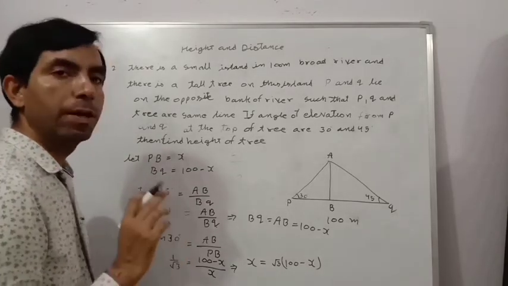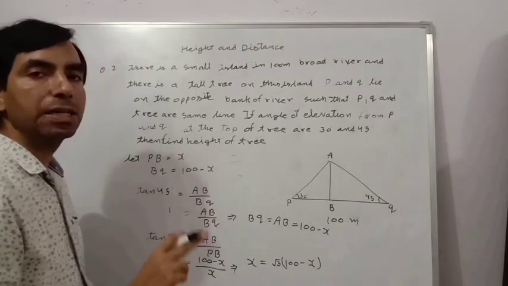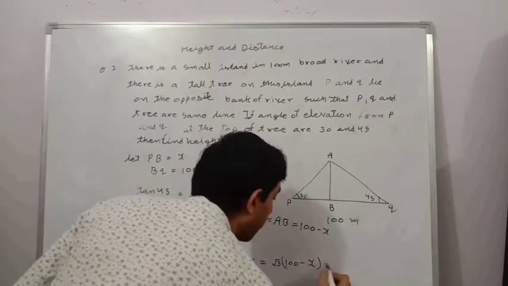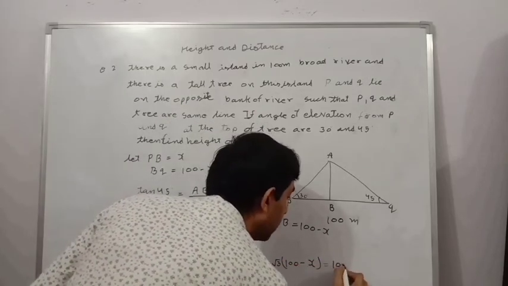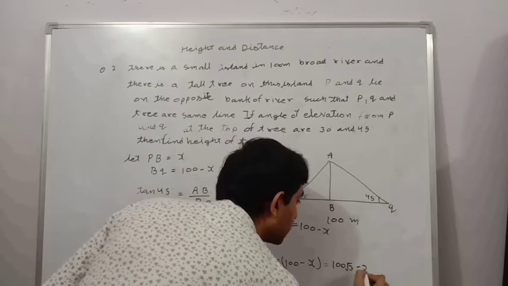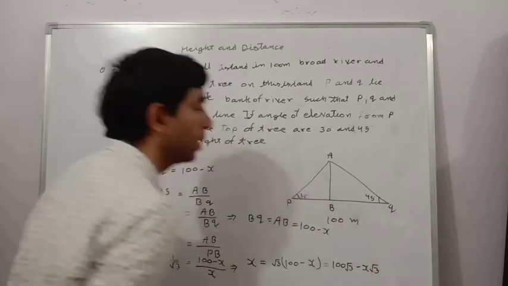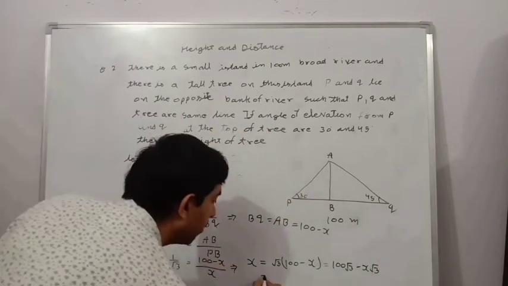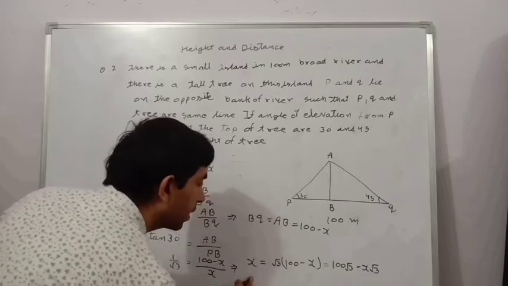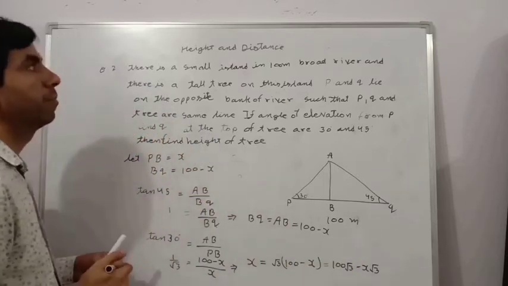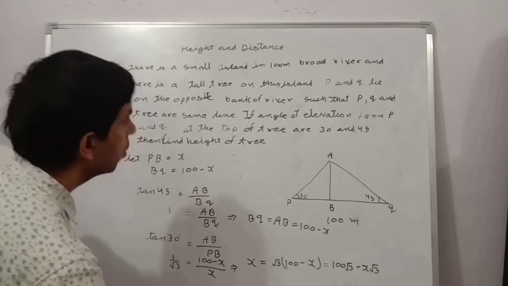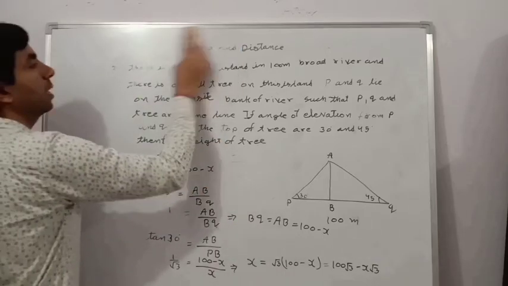Next step, we take X on a single side. First we open the bracket: 100 root 3 minus X root 3. The X root 3 term we take to the same side and solve this question.